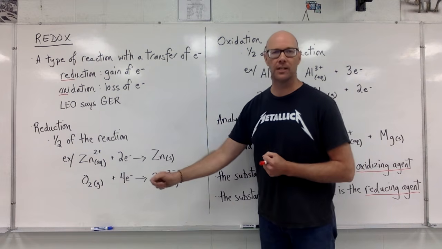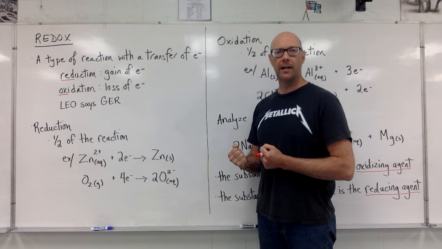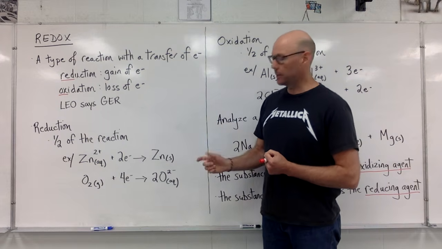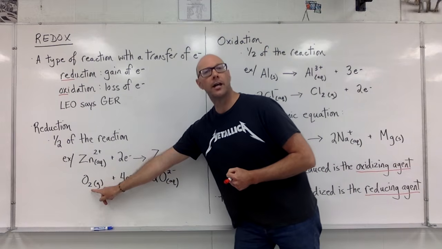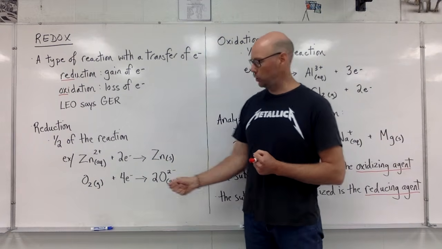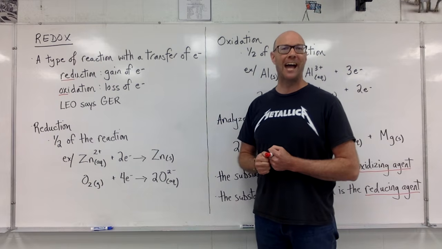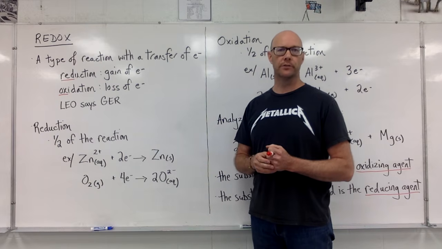Here we have oxygen gas gaining 4 electrons to become oxide ions. This is a little bit fancier because of the diatomic nature of oxygen being O2. We had to balance this over here, which made us responsible for adding in 4 electrons.